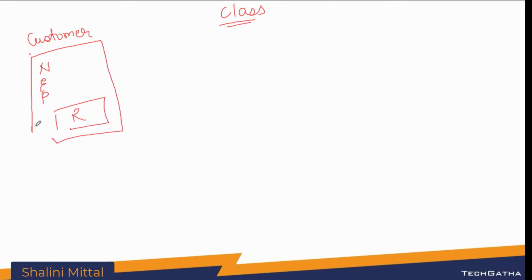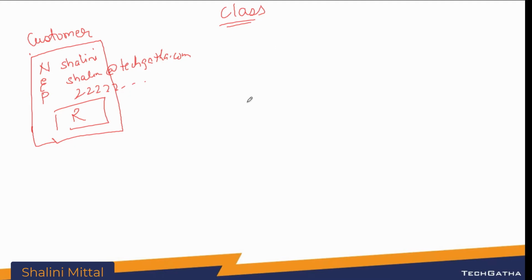Now when the customer clicks on the register button, your Java application will need to access the values. Say for name I enter Shalini, for email I enter shalini@techgatha.com, and for phone number I again provide some value.